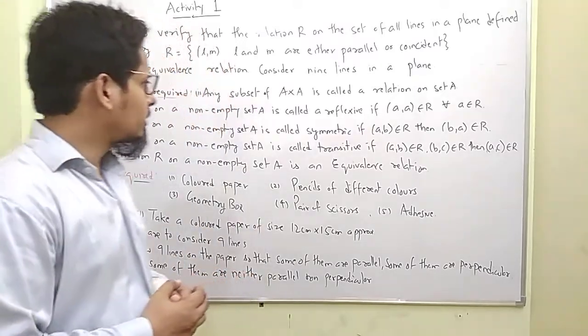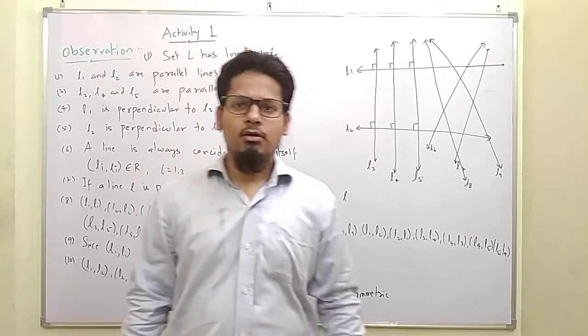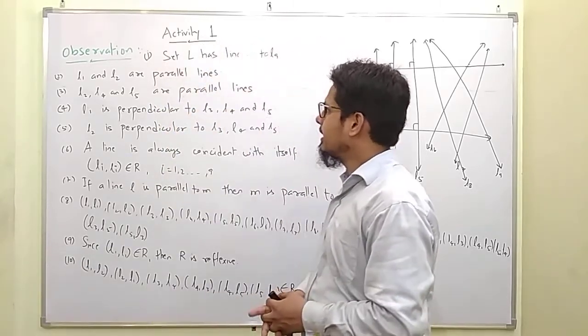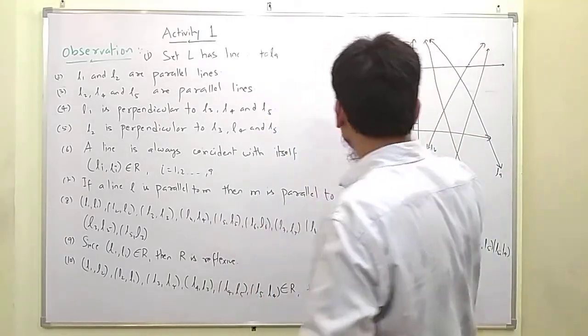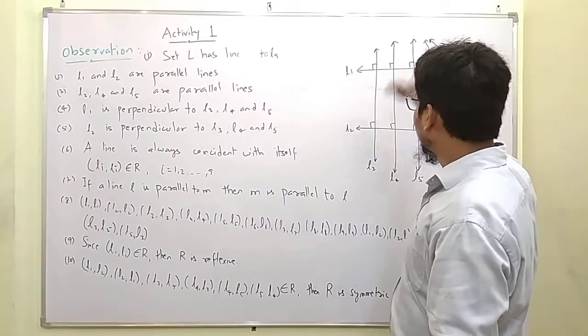Okay, so class, now I'm going to do the observation. Now I read all the possible observations that can be made here. Class, this is the figure where I drew the 9 lines. Some are parallel to each other.